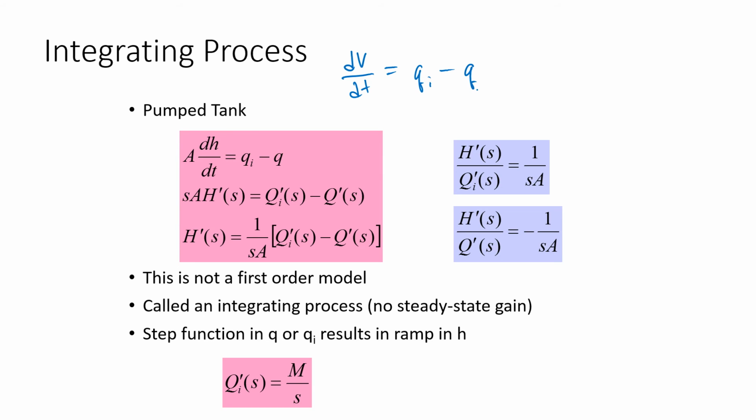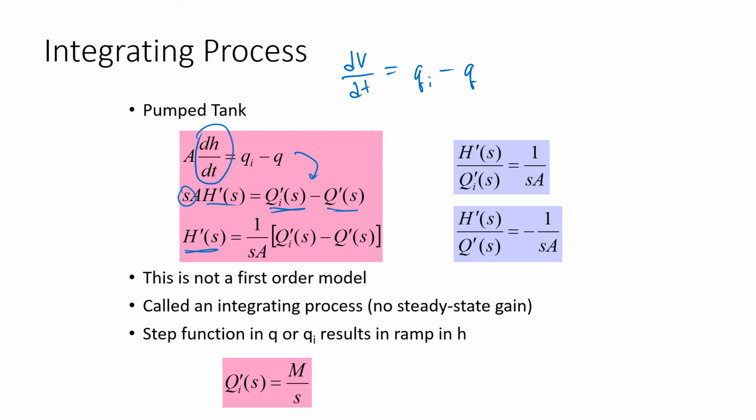Then let's go ahead and convert this into the Laplace domain. We have the derivative here, which is just going to be s times H(s), and then we have our inlet flow rate and outlet flow rate, and then we transfer this into this form where H(s) is going to be on the left-hand side of the equation.